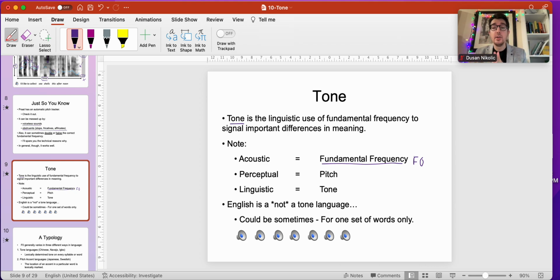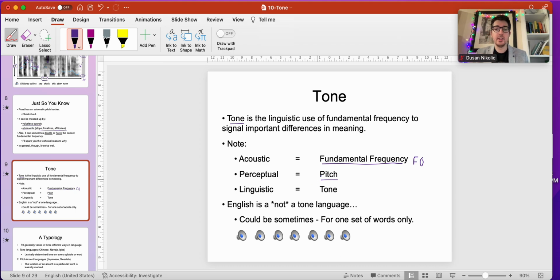That is, the vocal folds are opening and closing at a certain frequency, and this frequency is called fundamental frequency. And acoustically we can measure that. We just did, with my voice. And perceptually we call this pitch. So pitch is what we perceive. It can be high, it can be low, but it's quite relative. It's more abstract.